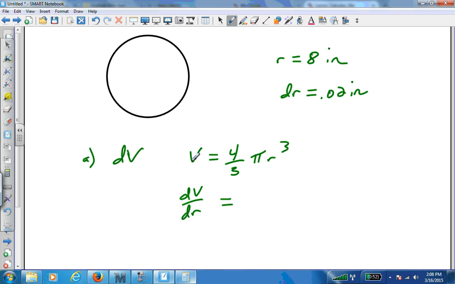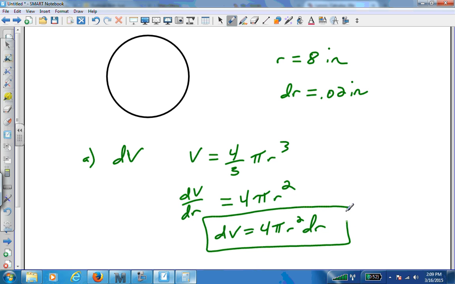So the derivative with respect to r is dv over dr. On the right side, bring the 3 down. The 3 on bottom and the 3 on top cancel, leaving us 4 pi r to the 1 less power. So dv is 4 pi r squared dr. So that's how the error in volume relates to the error in radius.